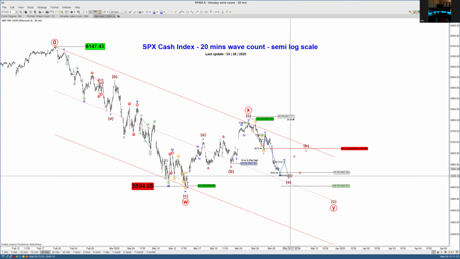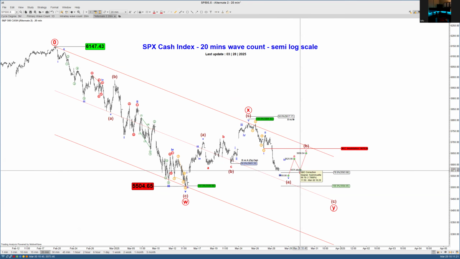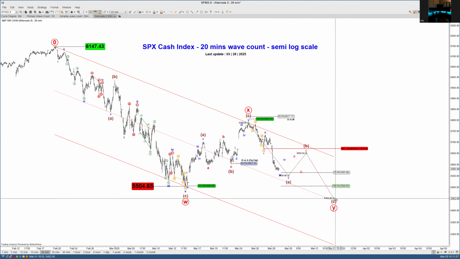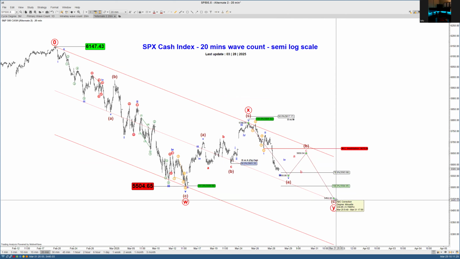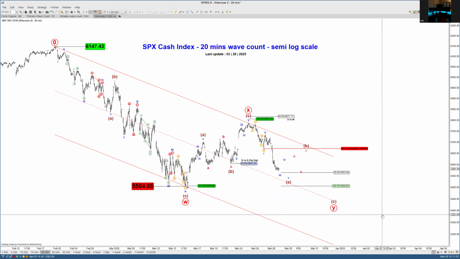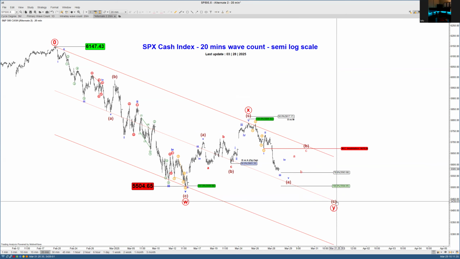Go toward this 5, then we'll look for some sort of a bounce back in B, and then another leg down in C, to complete this Y. So this can happen, I don't know, next week or two.